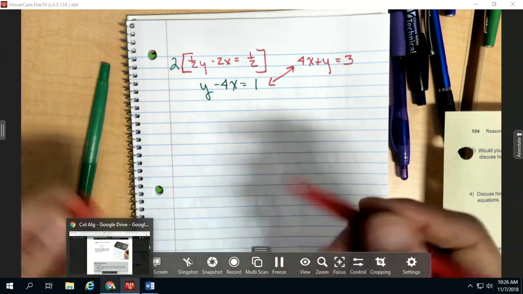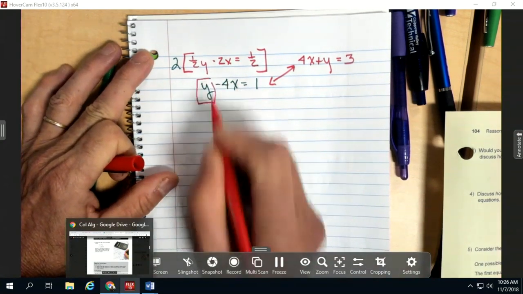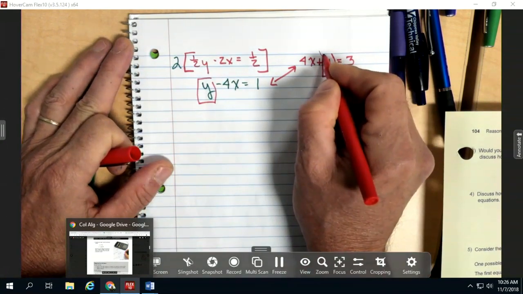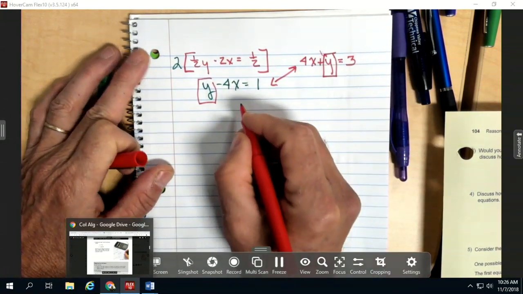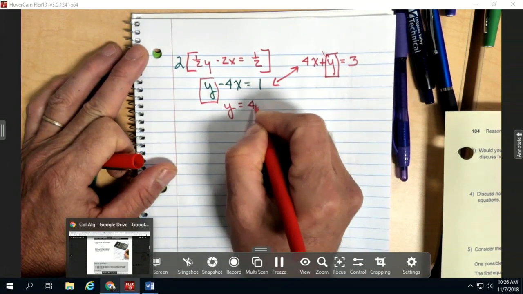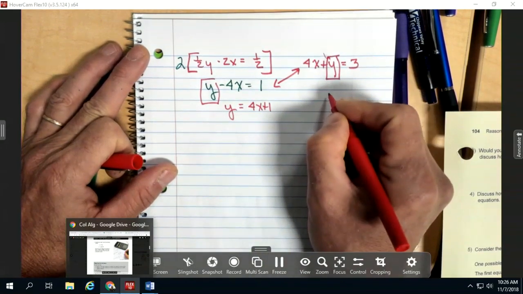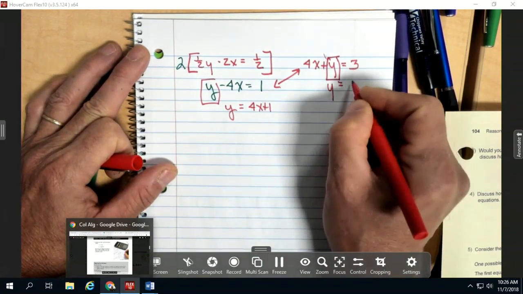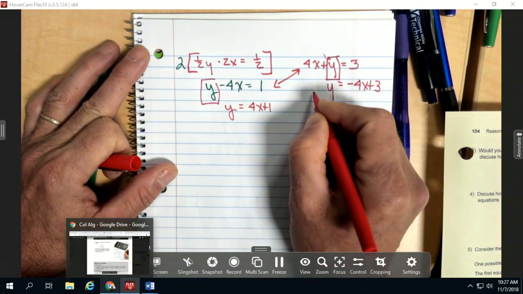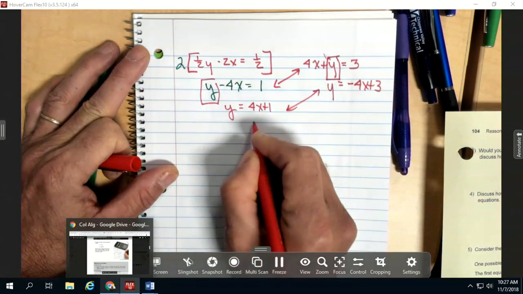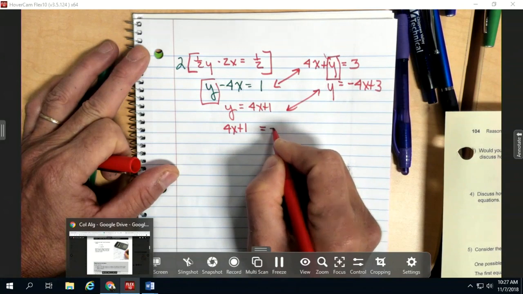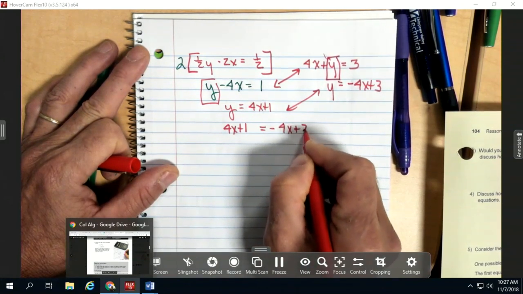Okay, now you could substitute for y in either equation, and in fact what Lauren did is she said, well, I'll just make both of them substituted for y, so I'll write this one as y equals 4x plus 1, and I'll write this one as y equals negative 4x plus 3, and then I'll just make them equal to each other. 4x plus 1 equals negative 4x plus 3.